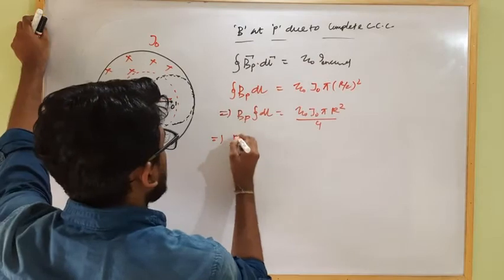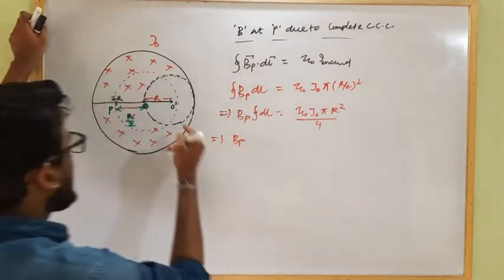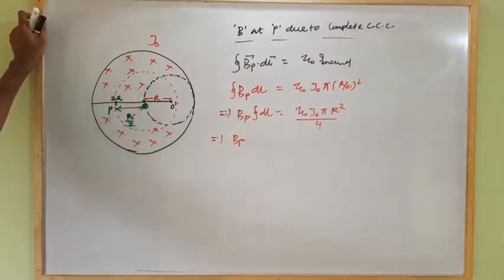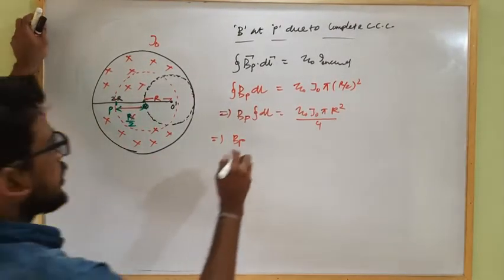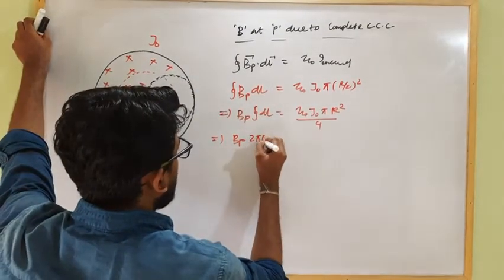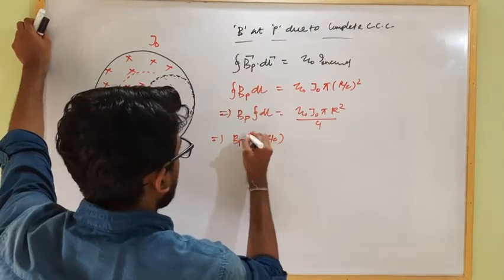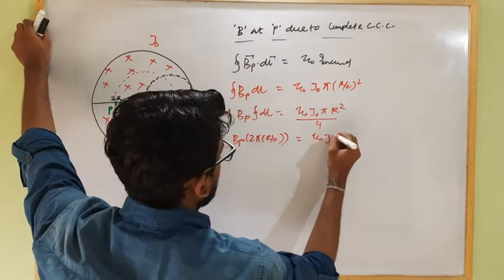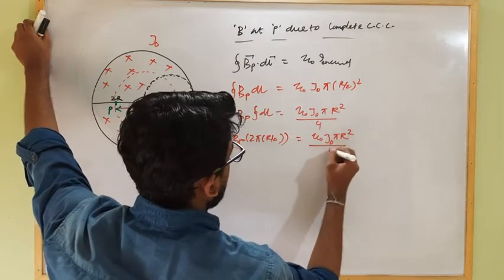For this, what is the complete length of the Amperian loop? The radius is r by 2, so it will be 2 pi into r by 2, equal to mu naught J naught pi r square by 4.